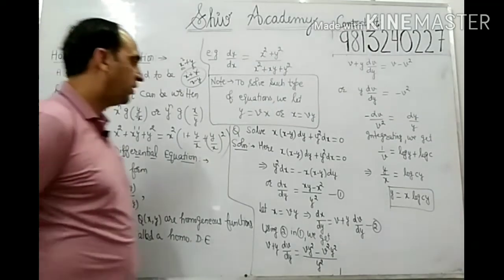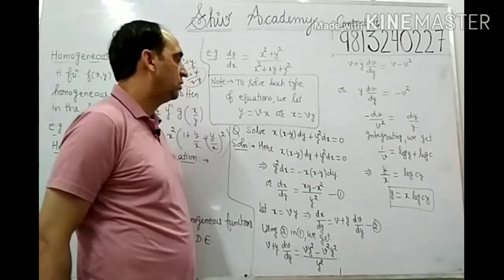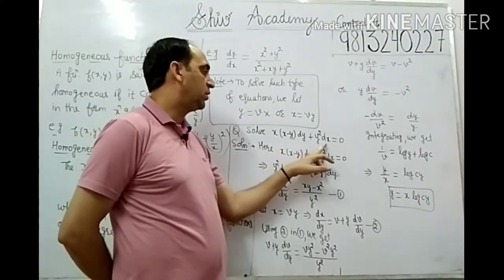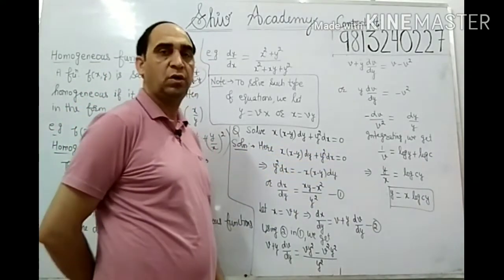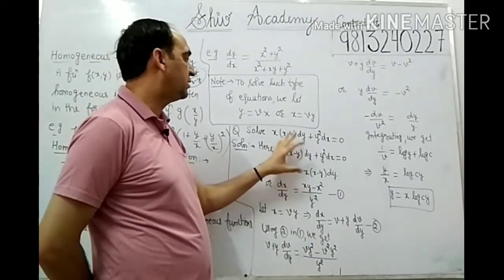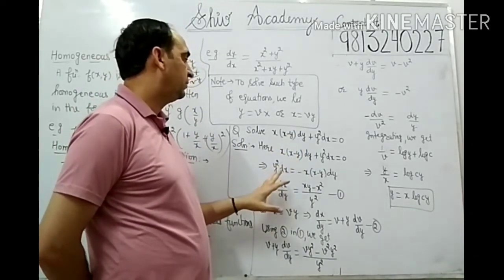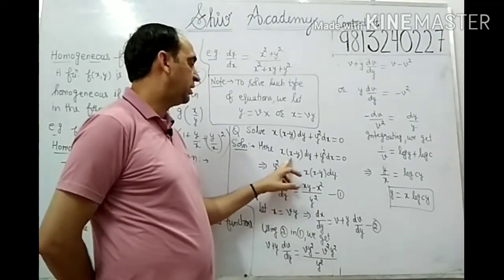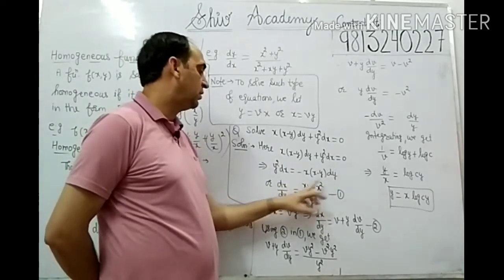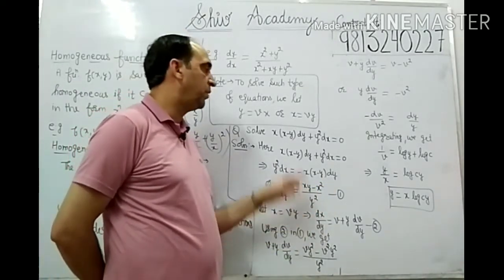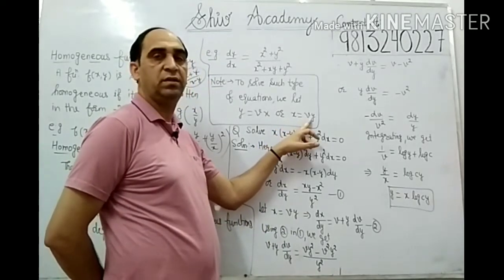Just like I am taking one question, you have to solve x into (x minus y) dy plus y square dx equal to 0. So how can we solve it? There are two methods. First of all, check that it is homogeneous. We are taking y square dx to this side and x minus y to the right side, and we are computing dx by dy, because I am going to simplify it by x equal to vy.